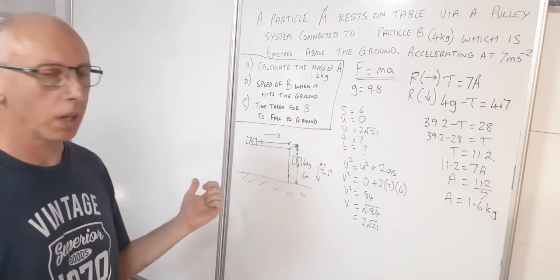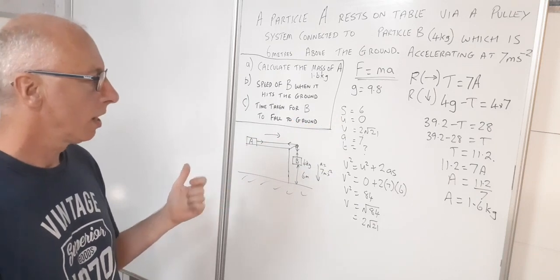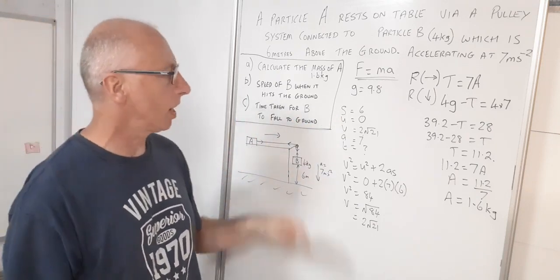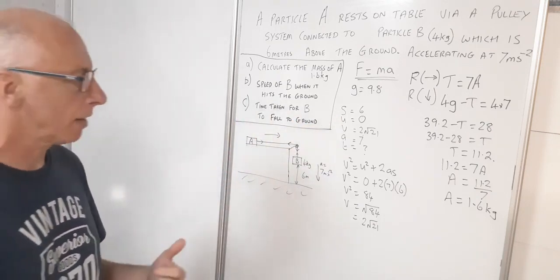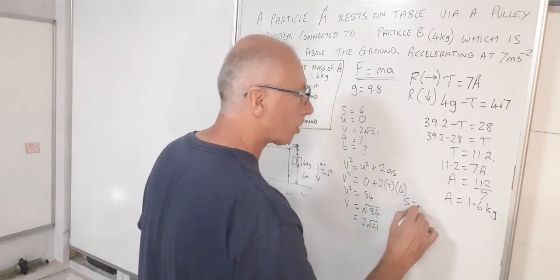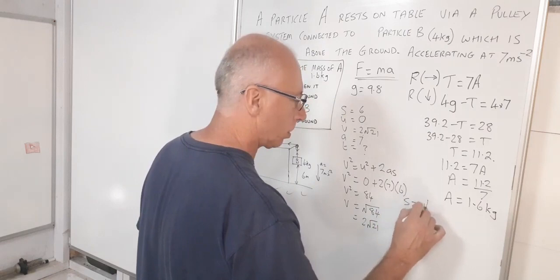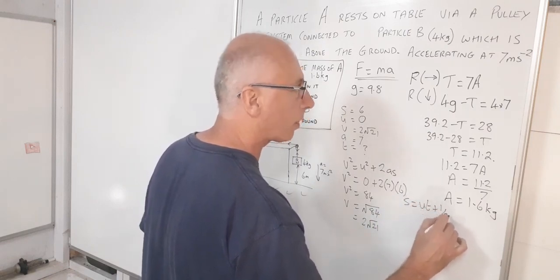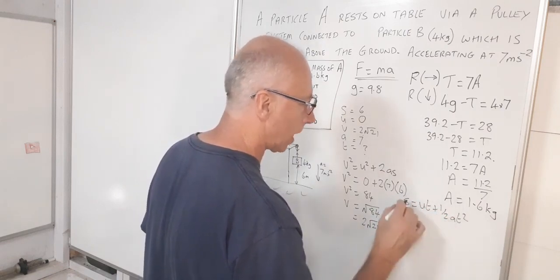So I can use a couple of different equations here. For part C, for the time it takes to hit the ground, I'm going to use S equals UT plus a half AT squared.